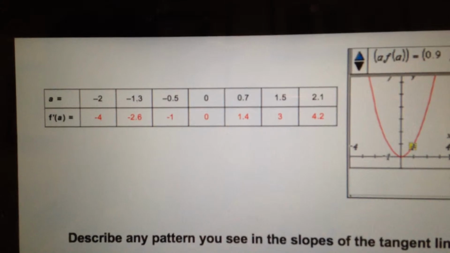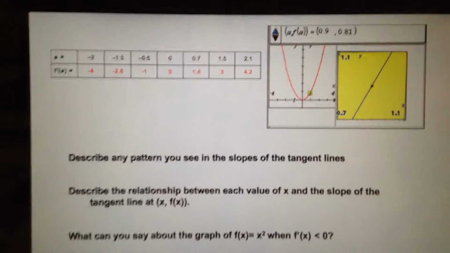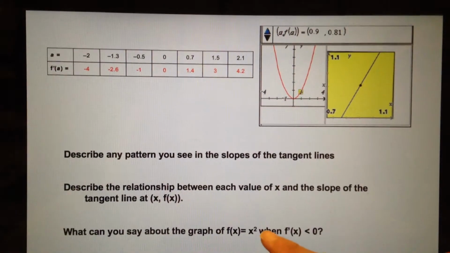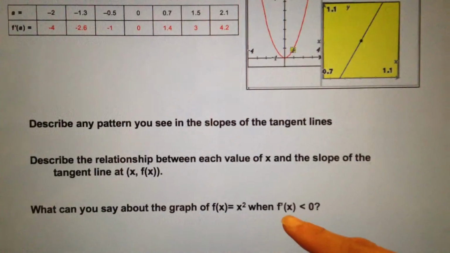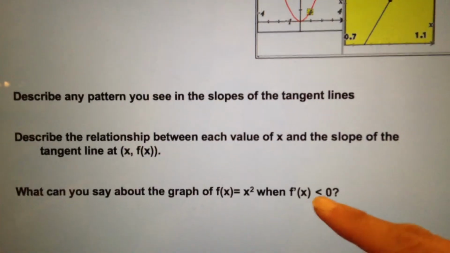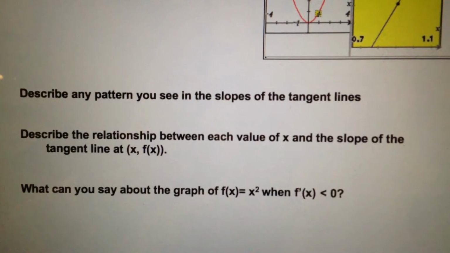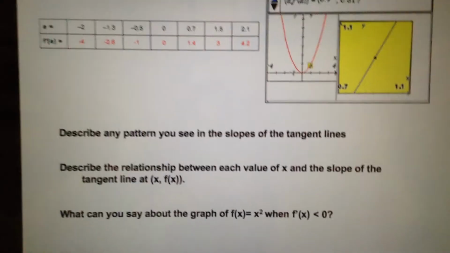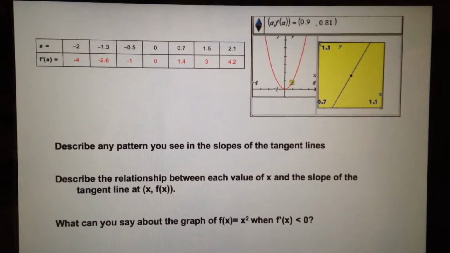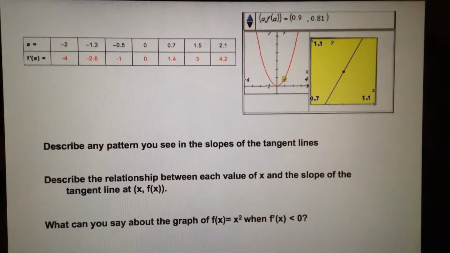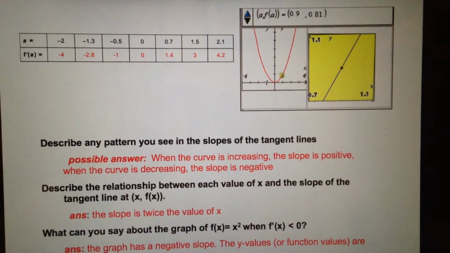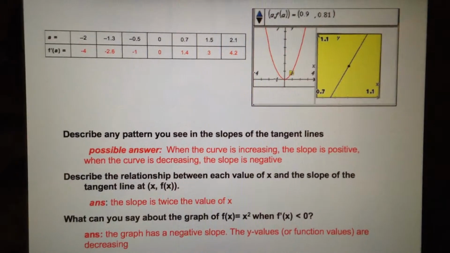And then what can you say about the graph of f of x equals x squared when f prime of x is less than 0? Just take a moment to think about those, and then we will go over some of the answers you might have come up with on the next slide.